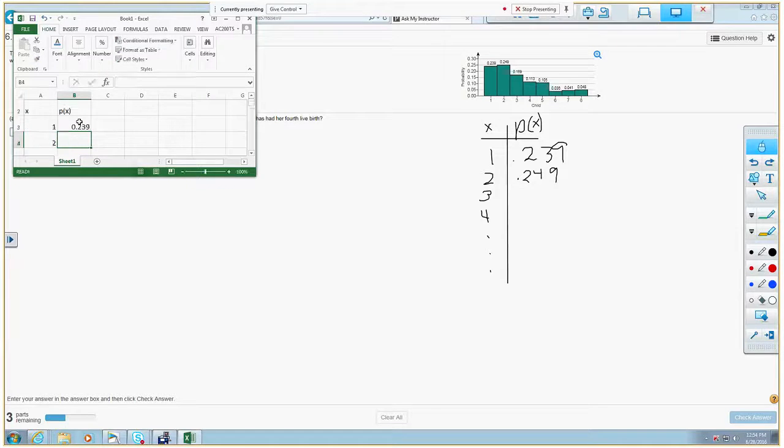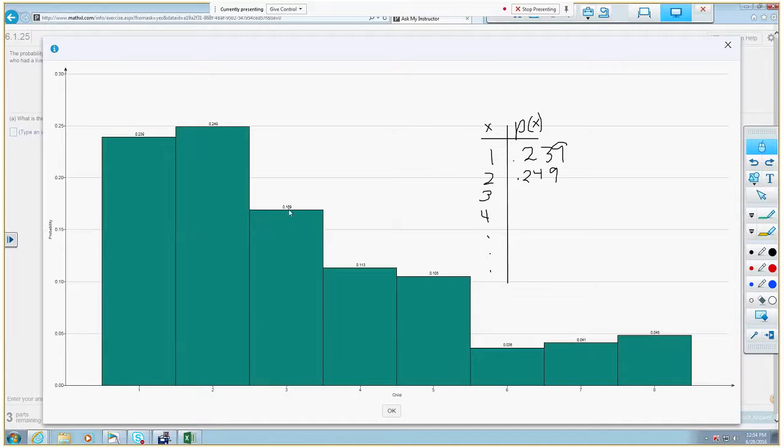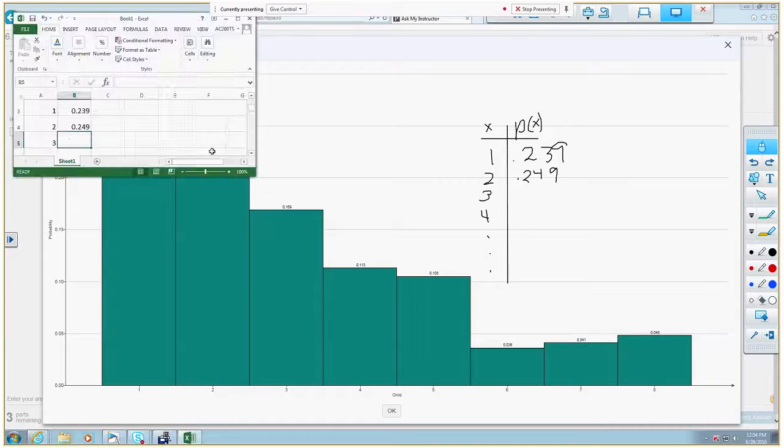0.239, 0.249, help me out, is that 0.169? 0.169, 0.113, okay. 0.105, 0.036, 0.041, and 0.048.